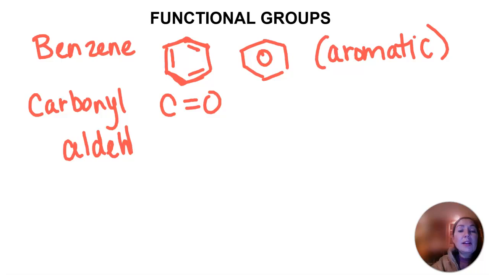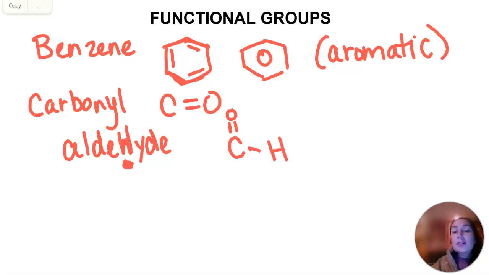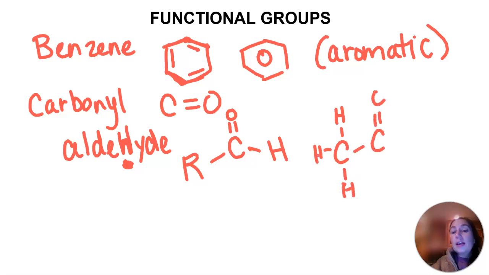Now, I like to write an aldehyde with a capital H in there, just to remind me that an aldehyde is where there's a C=O that terminates with a hydrogen on that side of the molecule. The other side of the molecule could have an R group. For example, it might be a CH3 with a C=O and then an H, or an aldehyde.